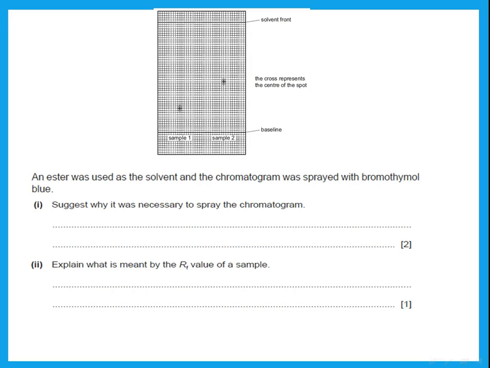So after doing the chromatography, I have to spray the chromatogram or the filter paper with something that will give the spots color. So suggest why it was necessary to spray the chromatogram: to give the spots color, to make it visible.